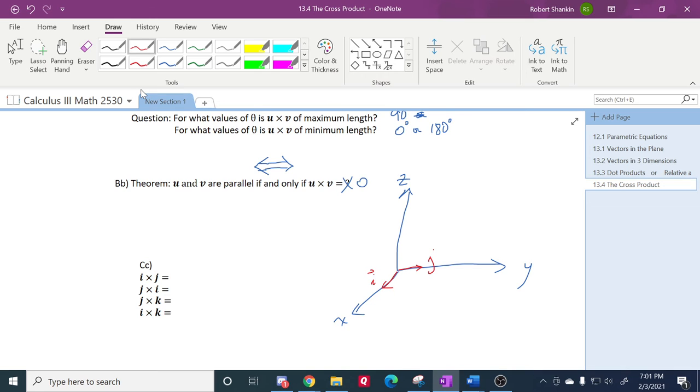The bottom line of your little finger is along the i, and then we curl it towards the j, and then we can see that this is k. The result goes up here. Because this was a magnitude 1 and this is a magnitude 1, we know this has got to be a magnitude 1, and the direction had to be straight up. Any questions on how we got k?